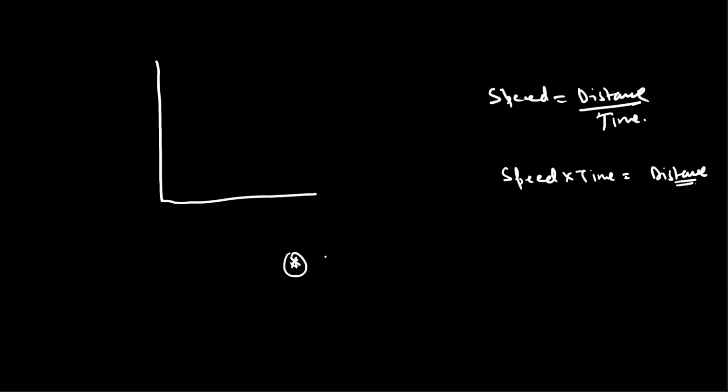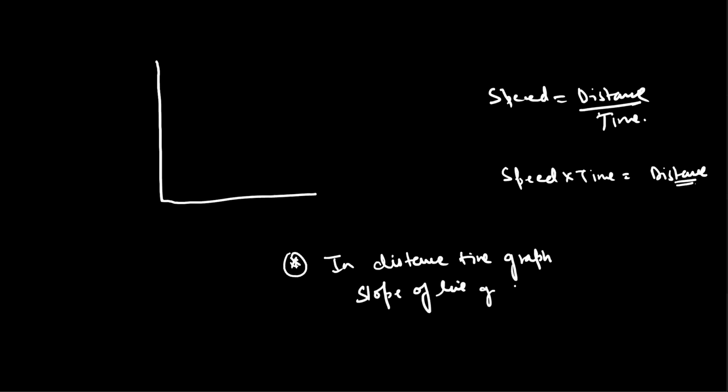So note a point. In a distance time graph, the slope of the line gives speed.